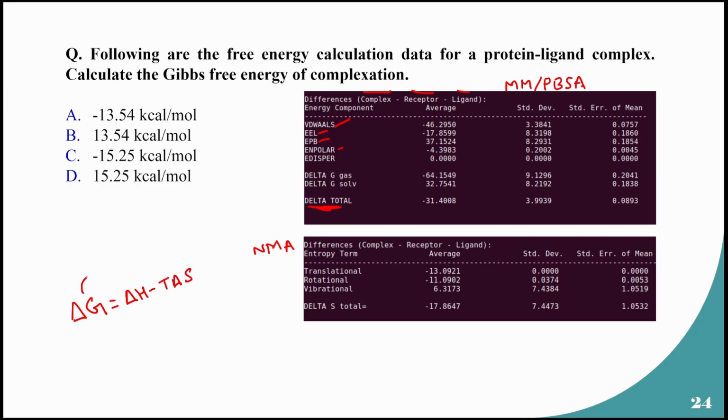So that is the Gibbs free energy. Okay, what we are asking for here, and you have been given this kind of chart for the overall energy decomposition, could you let me know what could be the Gibbs free energy of complexation from this data? You have to take into account the entropy as well as the enthalpy part for the energetics, right?